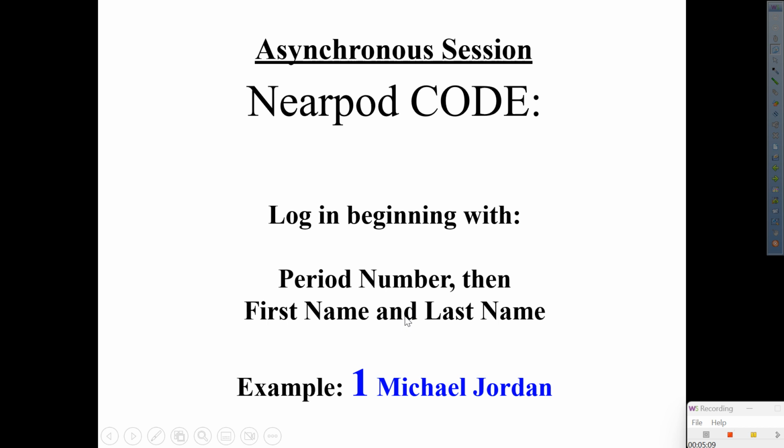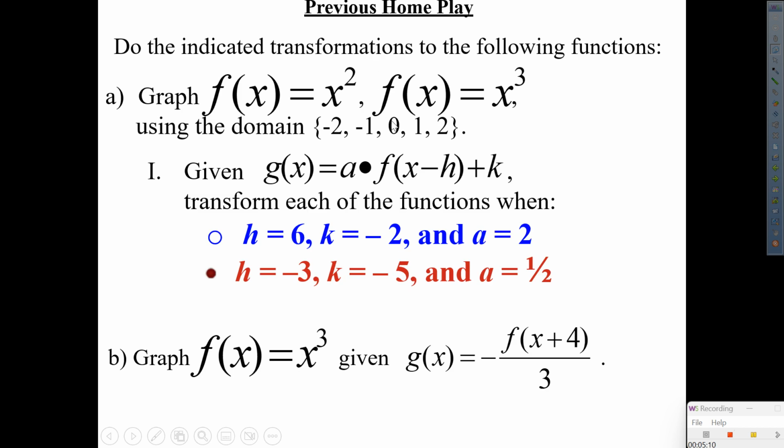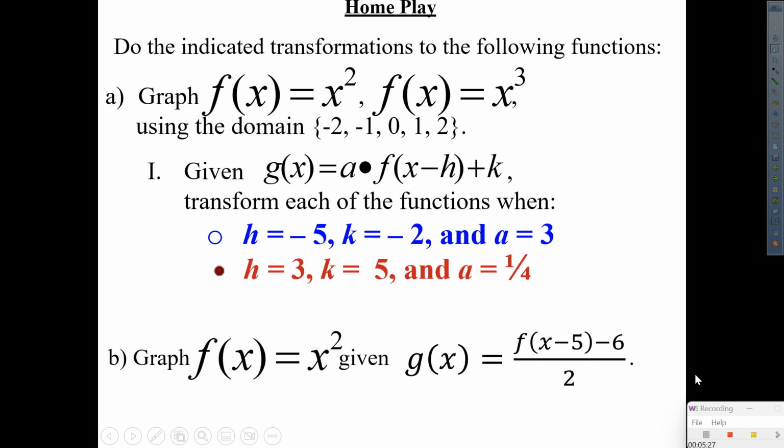So, last night's home play, there it is. Share with your neighbor what your graphs look like for number 1 of your home play. See if they did something similar to you. However, the home play for tonight is on the screen. Take a picture of that.